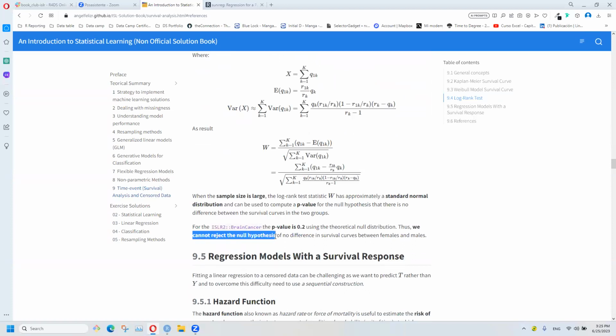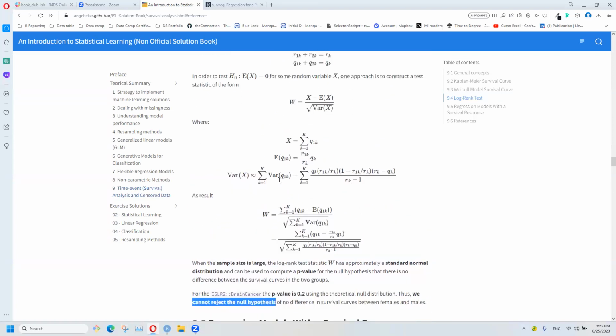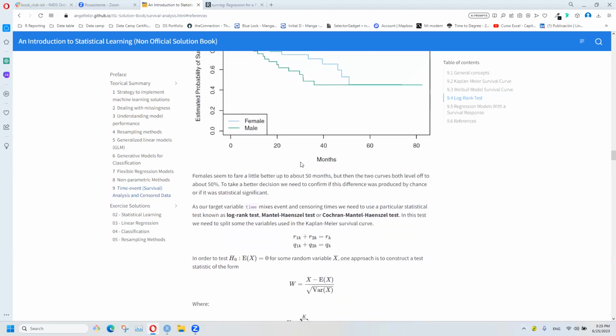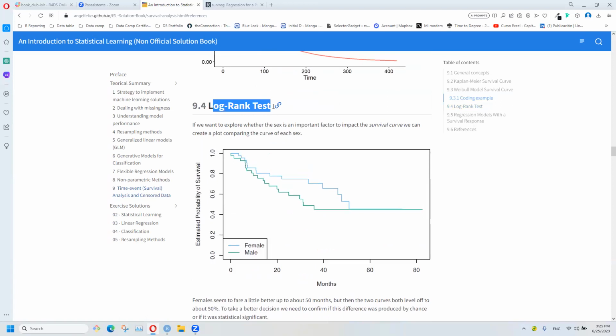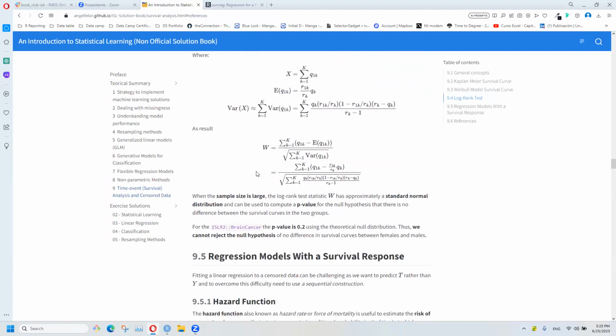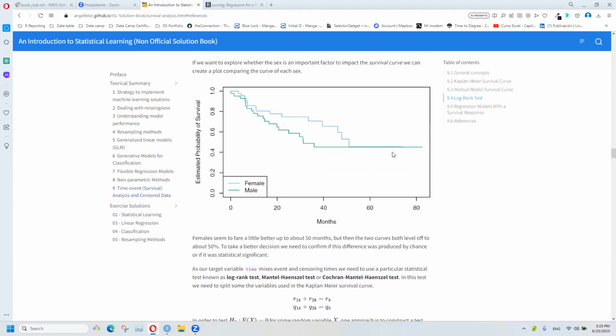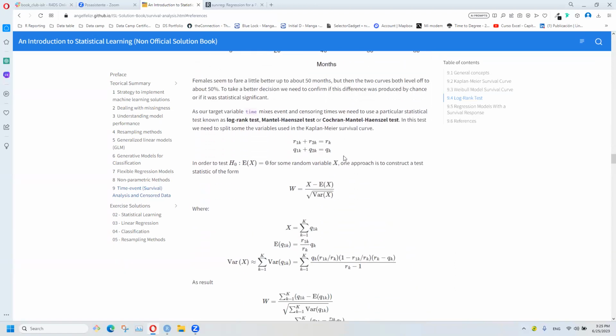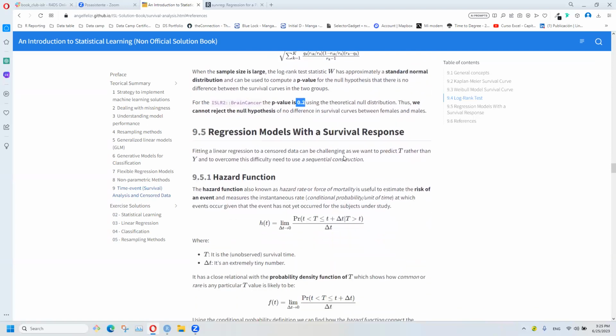So we cannot reject the null hypothesis. That's really interesting because the book starts with this test, and it's not significant, but when they use the Cox model to check the same relationship, the results change. There is more information.